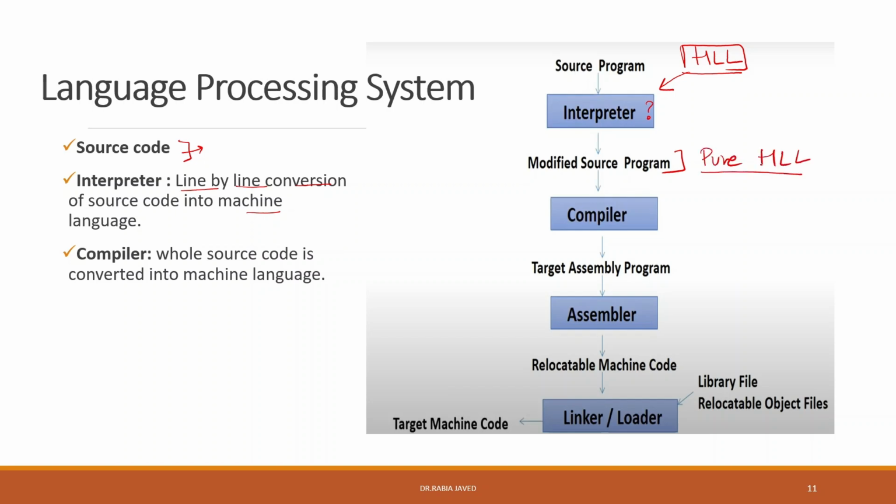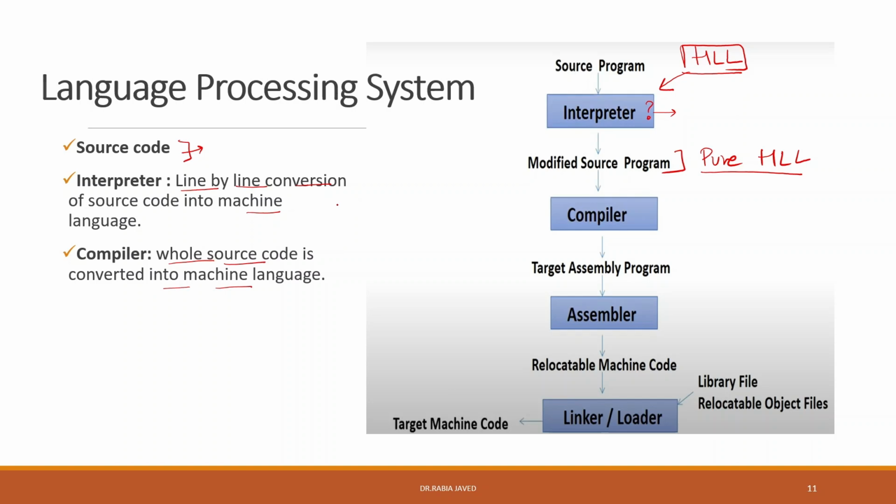Then the pure HLL has been formed, and in this step, what the interpreter is doing is removing all the extra files and all the unnecessary macros identified. And in the pure HLL, it is compiling things. What does a compiler do? A compiler converts the whole source code into machine language.